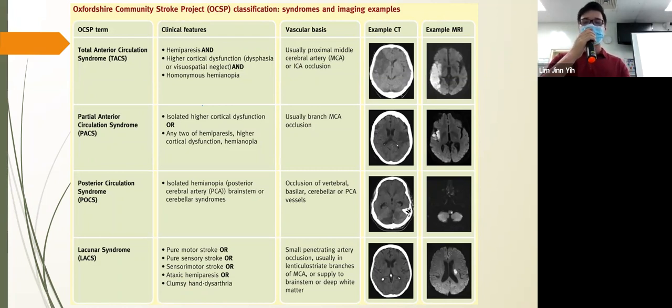But if it's only 2, then we call it partial. So among the 3, you have your hemiparesis, your higher cortical dysfunction, and your visual symptoms, homonymous hemianopia. If it's posterior circulation syndrome, then it's an isolated hemianopia and other cerebellar syndromes like ataxia, vertigo, nystagmus. For lacunar syndrome, because it is small branches, the patient might only present with pure motor stroke, pure sensory symptoms.